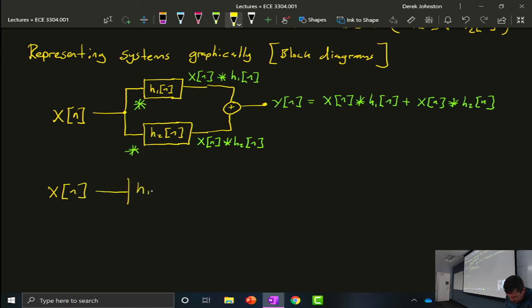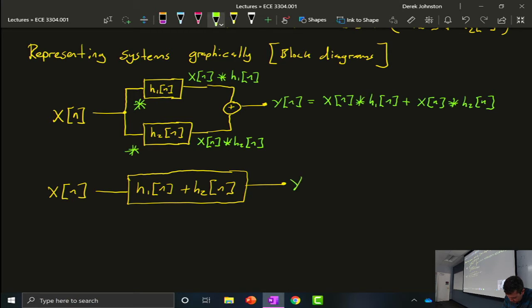We just have one box where we added h1 of n and h2 of n, and we quite literally mean adding them together, to get our response y of n, which is equal to x of n convolved with h1 of n plus h2 of n.